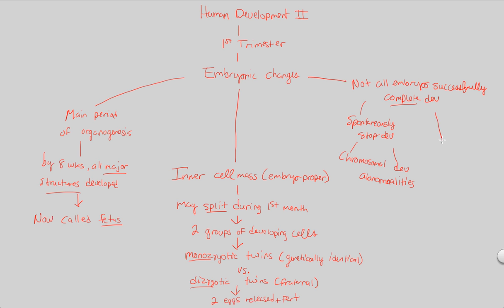Or you could have a different, even more drastic scenario, where the fertilized egg actually implants incorrectly. The fertilized egg implants not in the uterus, but in the oviduct. And this is very bad news, because this is referred to as an ectopic pregnancy.